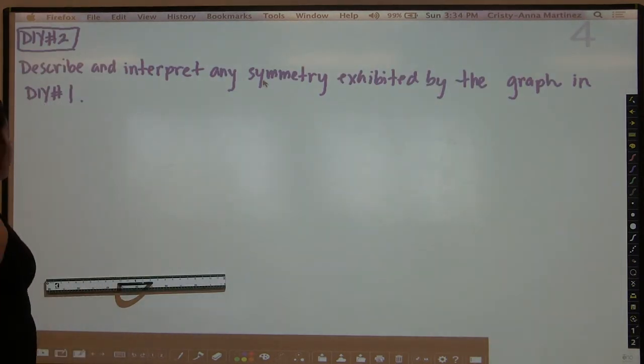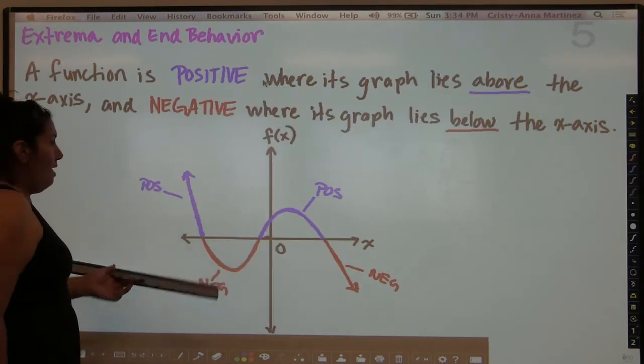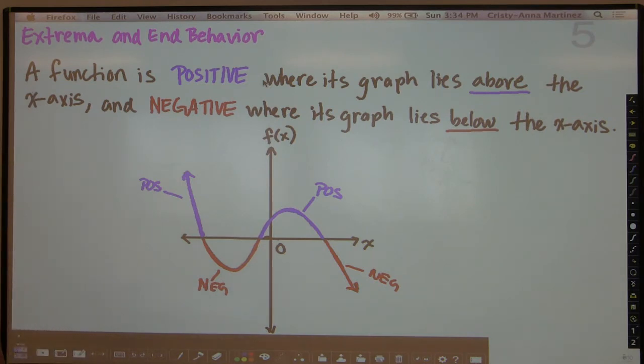And now what we want you to do is go back to the do-it-yourself number 1 question, and describe and interpret any symmetry exhibited by that graph. All right. And then we're going to go through 4 different characteristics of graphs. In your book, they have it in a chart, like a 2x2 chart with 4 options.